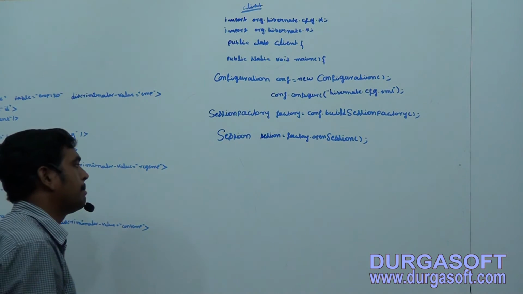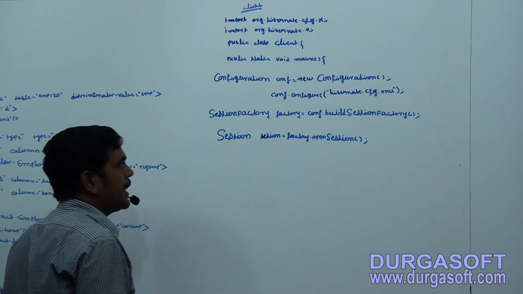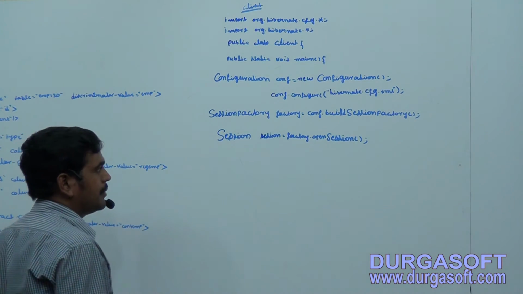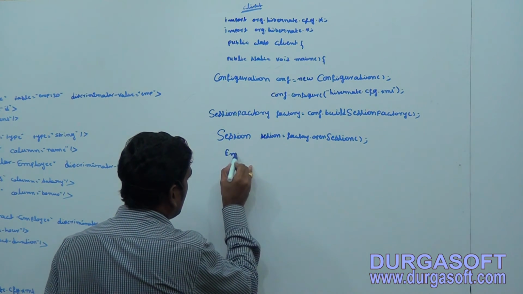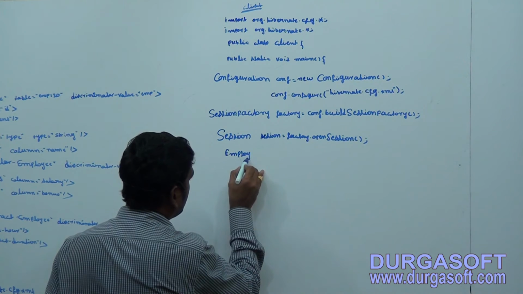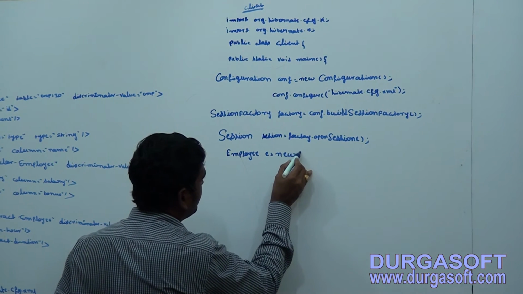After that we need to create the employee class object. Employee e is equal to new Employee.